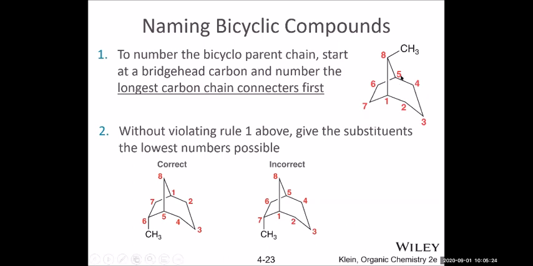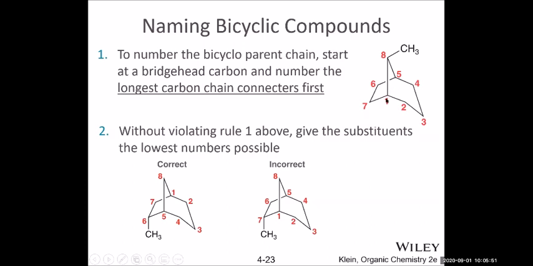You can see in this compound, this side arm has 3 carbons. These 2 atoms we call bridgeheads. This arm has only 1 carbon, and this arm has 2 atoms. So for the ordering, we name the longest arm first.